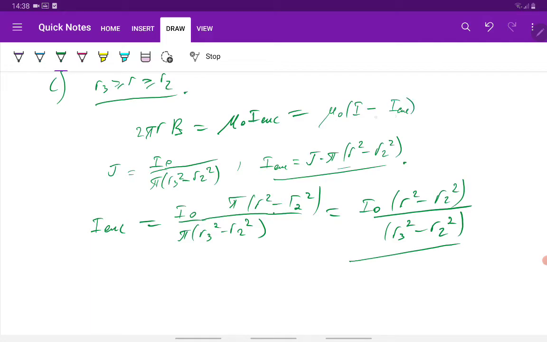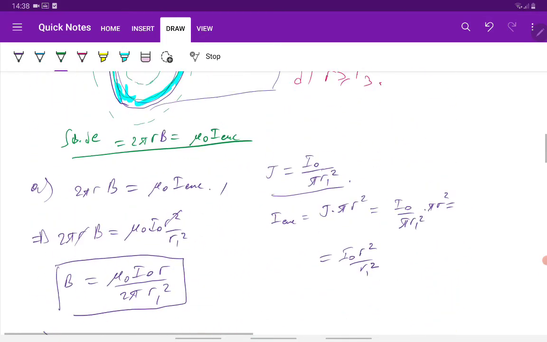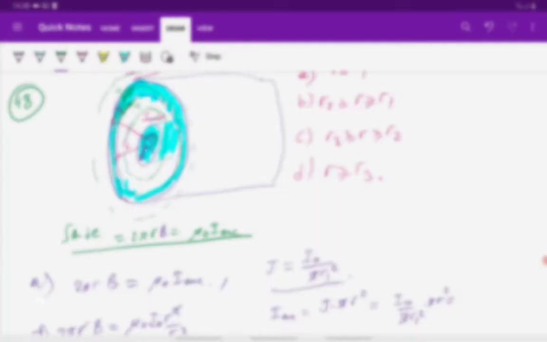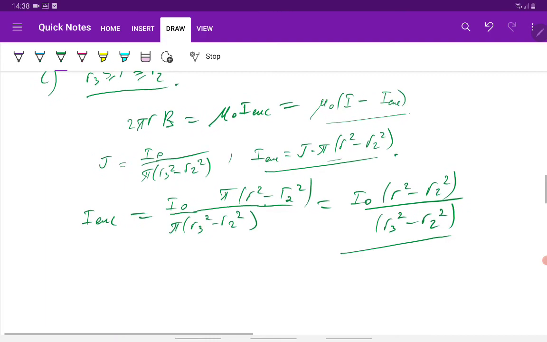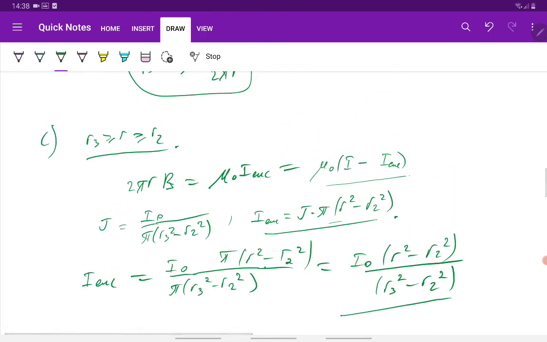We can substitute actually this value into here, right? I enclosed this thing because we have currents, this current also going into the page, and we've just calculated this, which is out of the page. That's why I put this one into this.